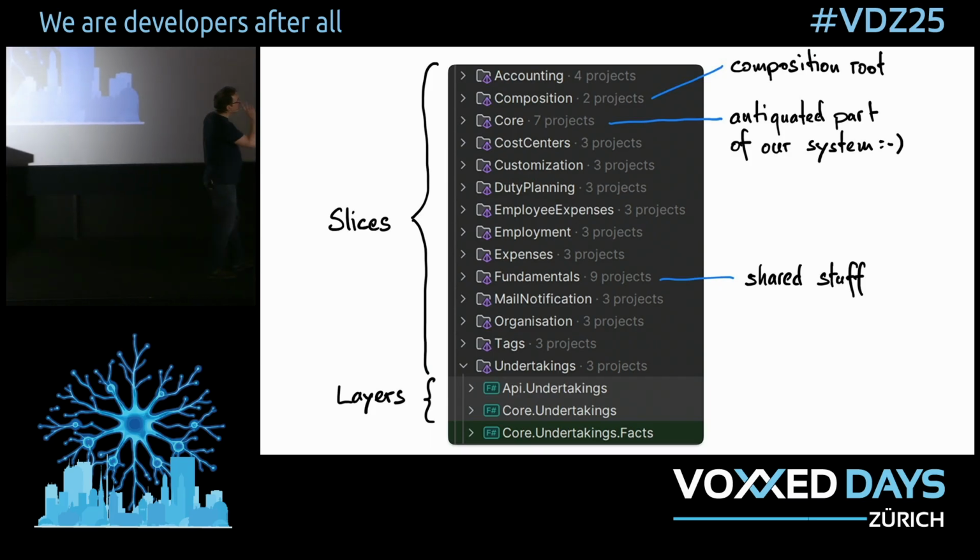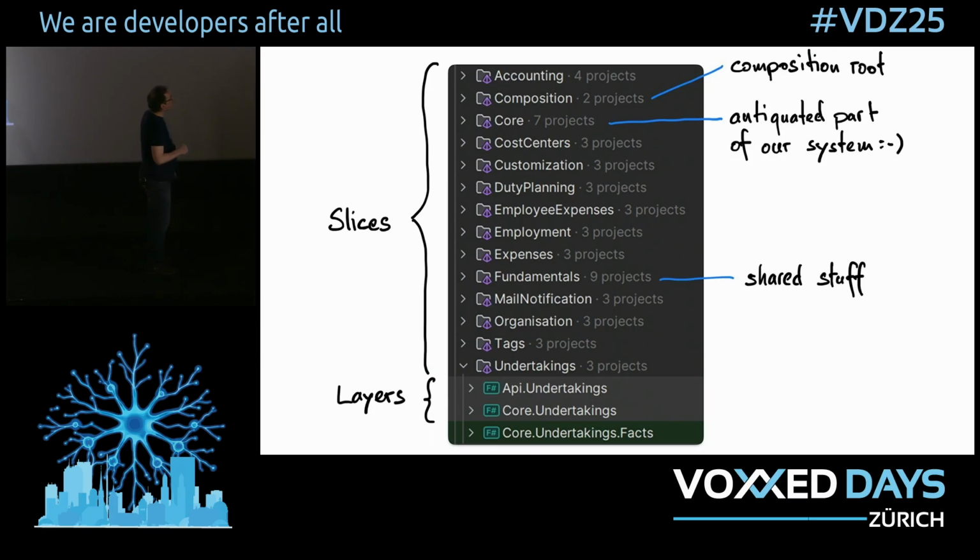And if you zoom into a single folder, for example, the undertakings slice here, you see we have the layers, API and core, and the core is then again layered inside. But that's like in hexagonal architecture, the API, there are the adapters, and the core, that's the core of the hexagon, the business logic.